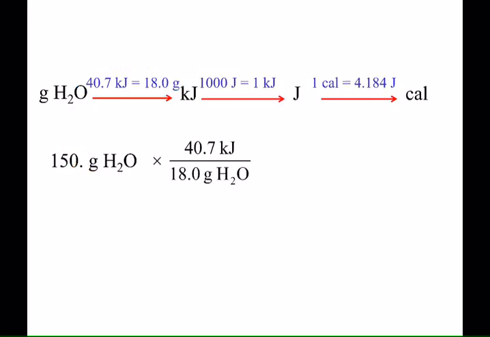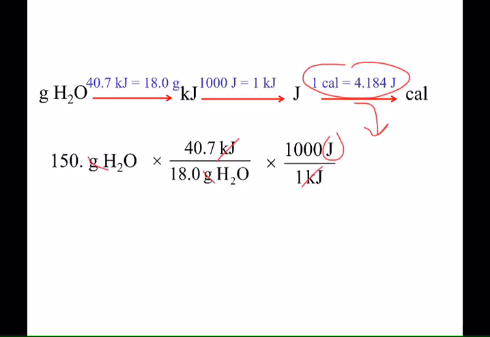We have kilojoules there. Now we're ready to go from kilojoules to joules using this relationship. What do you think that looks like? It looks like this, where we have 1,000 joules over 1 kilojoule. Now grams have canceled, kilojoules have canceled, and we have joules here. Now we're ready to go to calories.